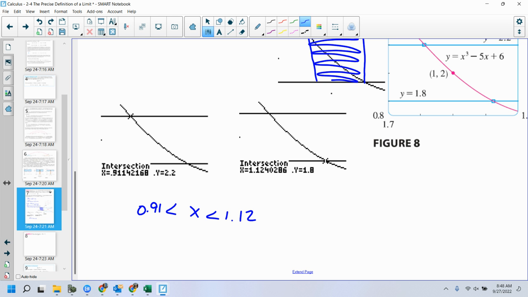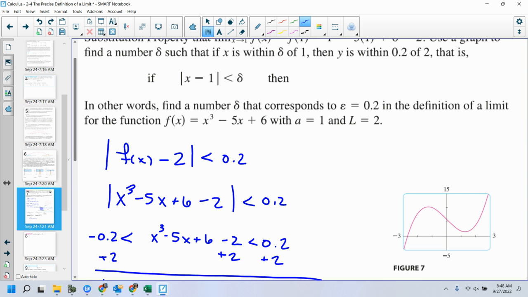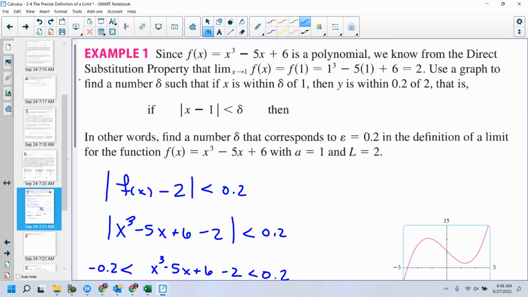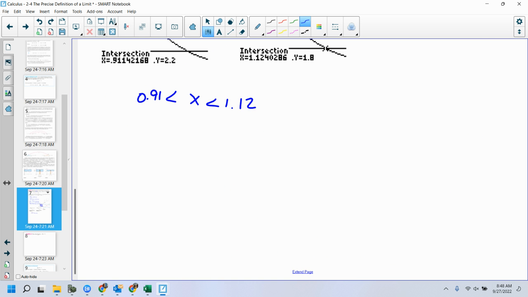Okay, now, how close are those values from, now what did I want to make x go to? I wanted to make x go to 1. You follow me? Okay, how far away from 1 is 1.12?